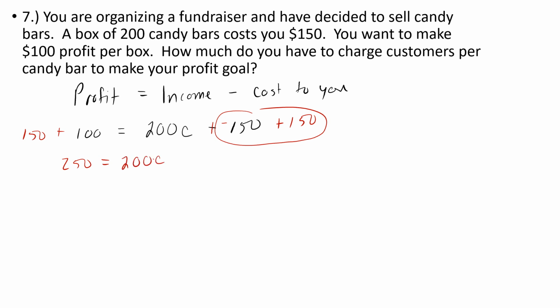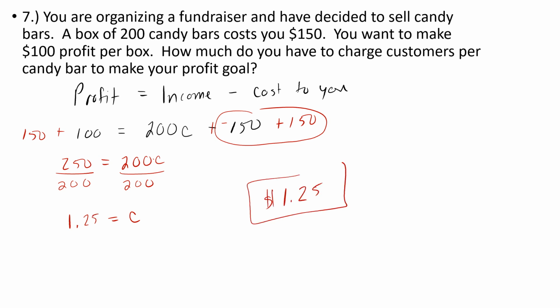This is multiplication, so we will divide. And then 200 divided by 200 is 1, leaving me with just the cost, or the charge, on the candy bar. And then over there on the left-hand side, 250 divided by 200 is 1.25. So your answer is $1.25. If you charge $1.25 per candy bar, then you would make $100 of profit off of the entire box.